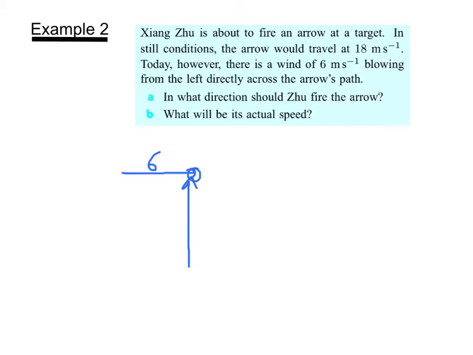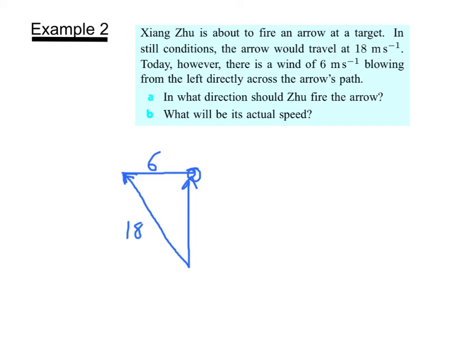This is the flight path that we want our arrow to take. But if she shoots the arrow directly along this path, the wind is going to push it over here and she'll miss the target. So she needs to adjust her aim. She needs to aim left a little bit. And we know that the arrow will travel 18 meters per second, but that is going to be affected by this vector up here.